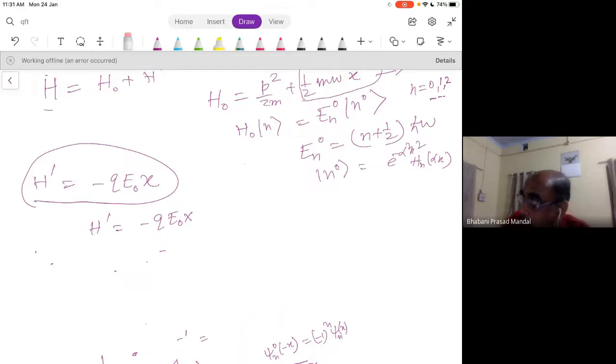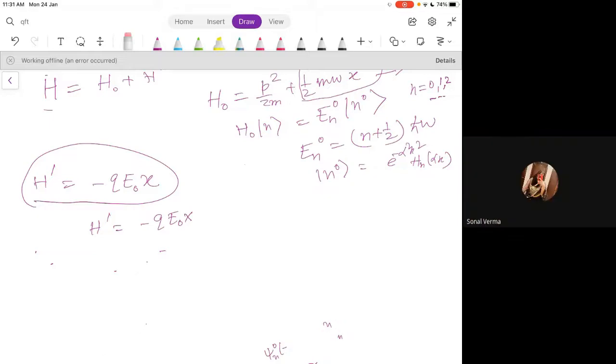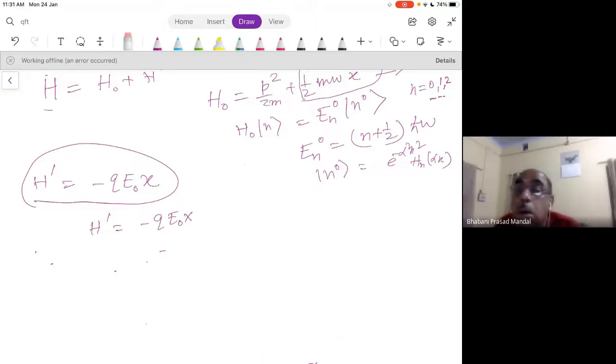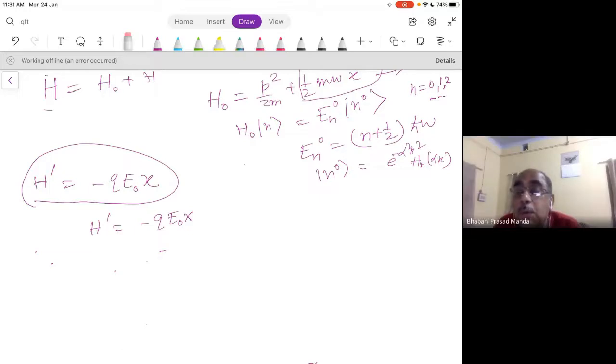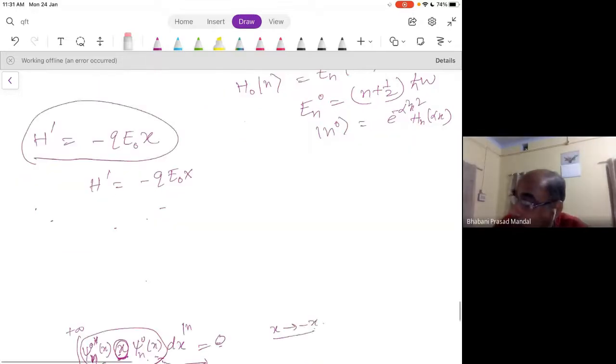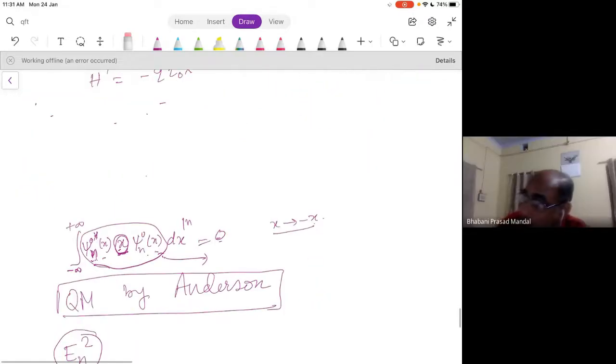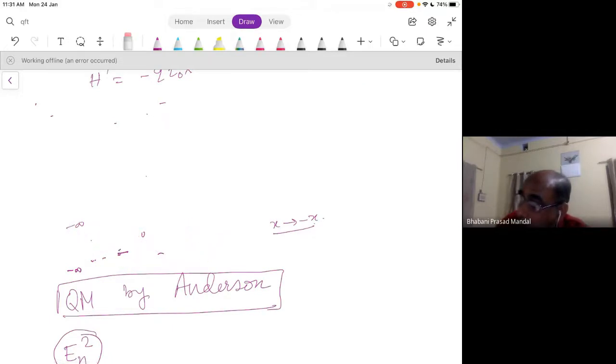Is there any other way to calculate? We can complete the square. Who is speaking? Sir, Sonal. Okay, BHU? No, sir, Delhi University. Which college? Rajdhani College. Oh, it's a great college. Okay, you can do the perfect squaring.